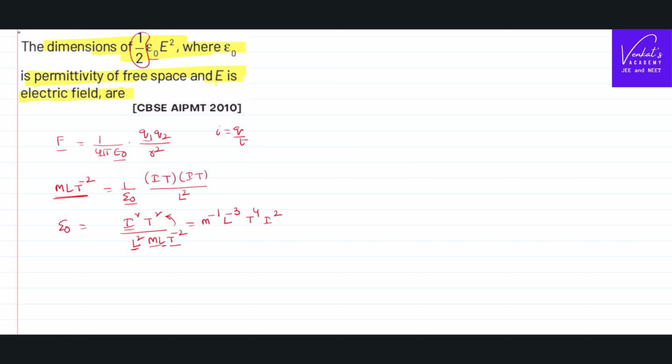Let us try to find similarly the dimension of the electric field intensity. If you remember, electric field intensity or electric field strength is defined as force experienced by a unit charge, F by Q, or F equal to EQ. So I can write the dimensions for each of them again.